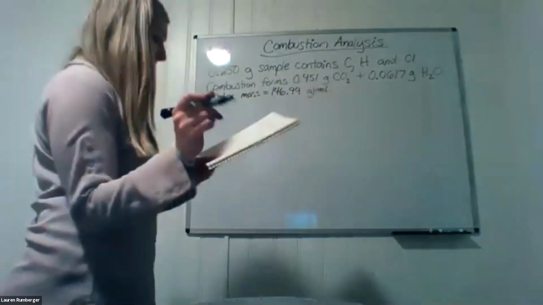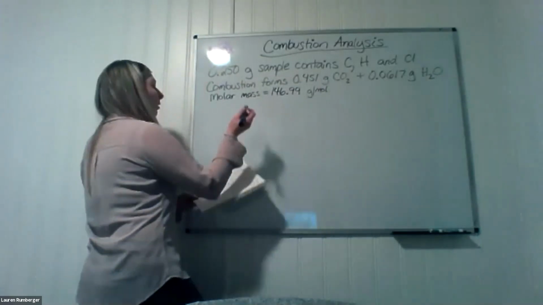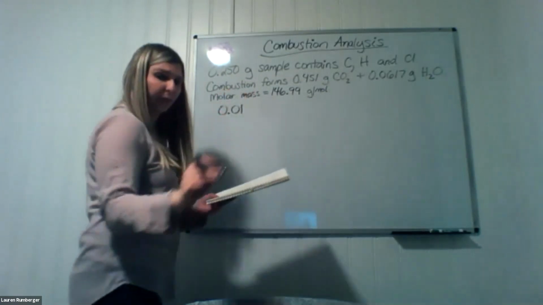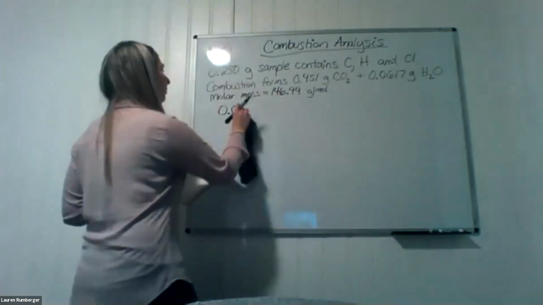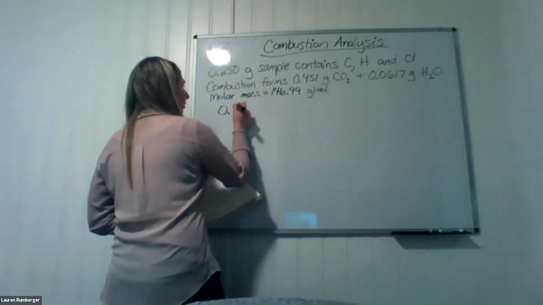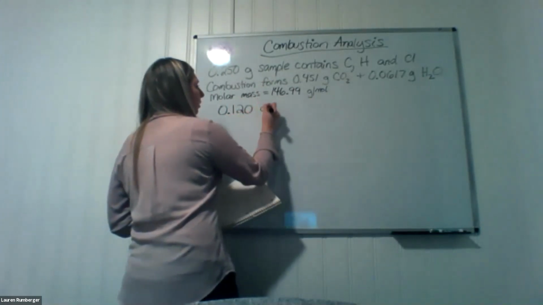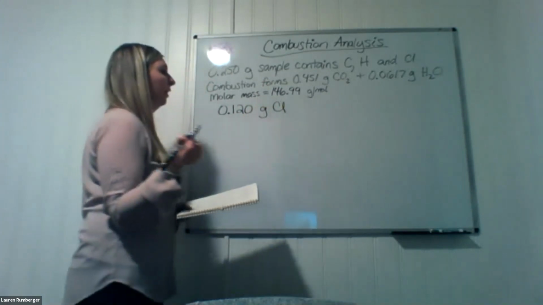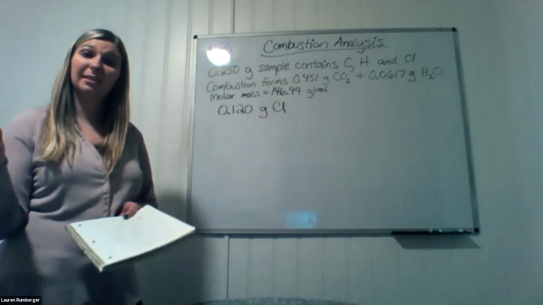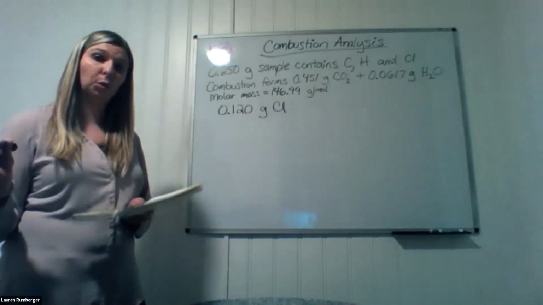So we just determined that the compound contains 0.120 grams of chlorine. Now remember, the step for empirical formula is to take each mass of the elements in the compound and convert them to moles.